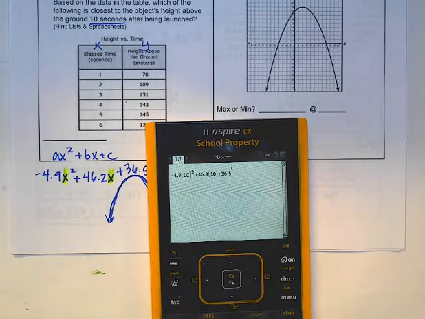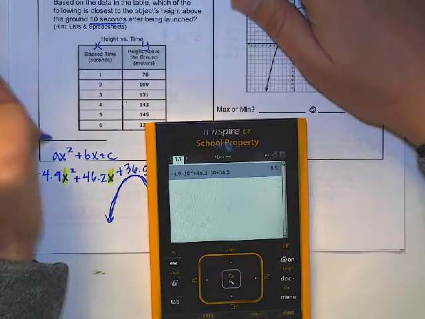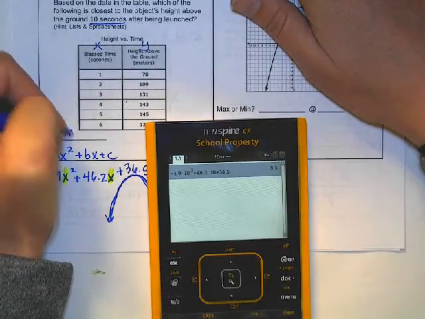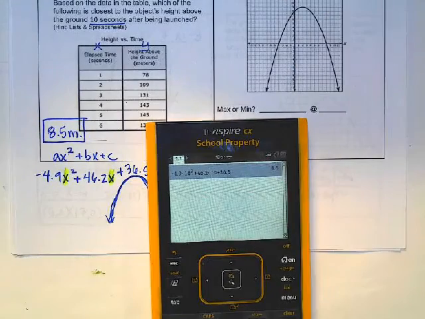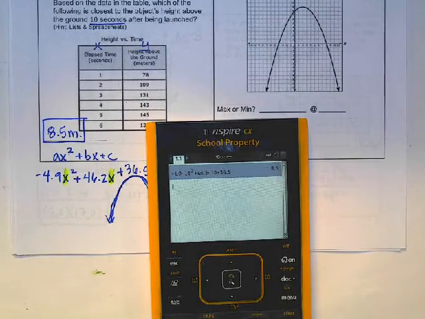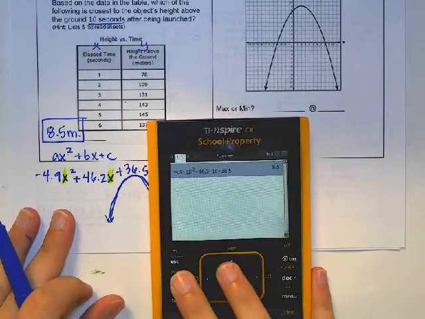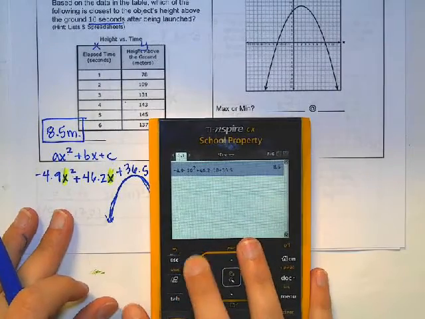And after 10 seconds, the height of the ball would be 8.5 meters. 8.5 meters. Questions? Okay, we all know how to do list and spreadsheets, right? Okay, but this time you're going to quadratic because we're talking about quadratics.